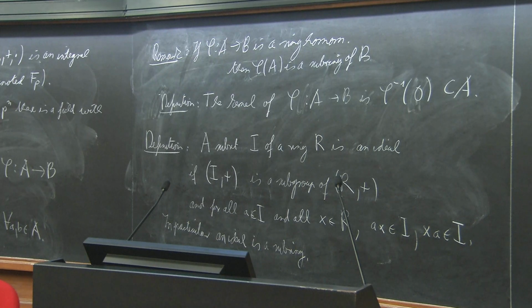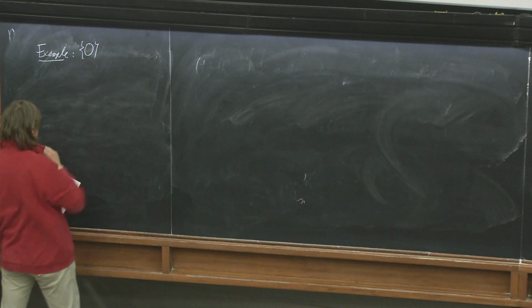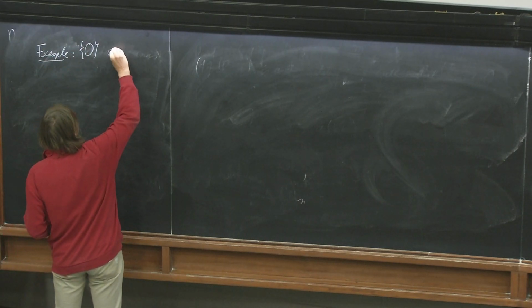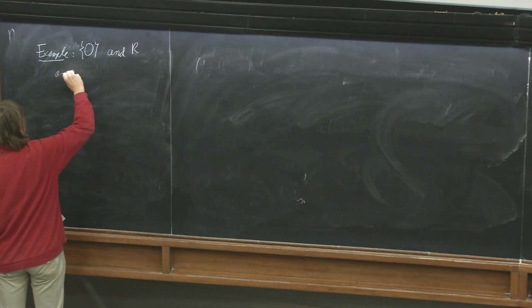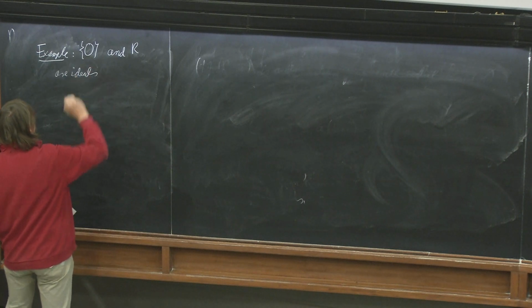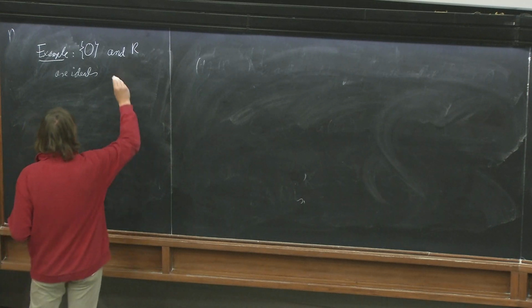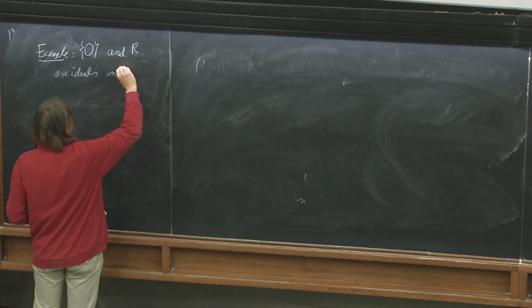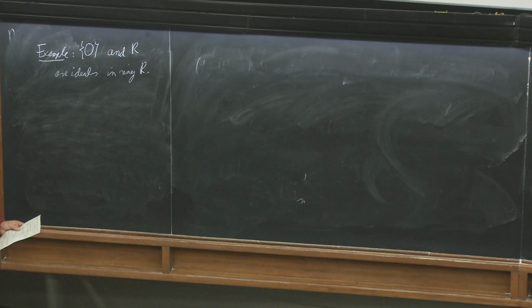Okay, so let's first look at a few examples. Example: in every ring R, 0 and R are ideals. Now this follows directly from the definition.